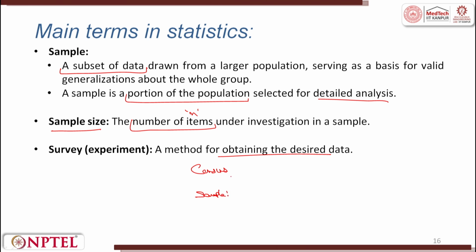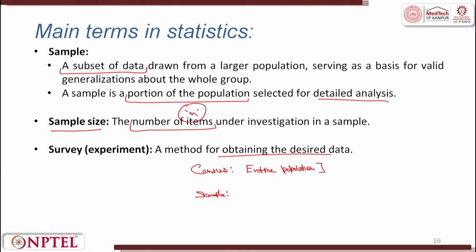As you know, each year census survey is taken in the country. When I say census survey, it is taking into account the entire population. Each and every piece is tested for its size, for its weight, for its color, that is census.